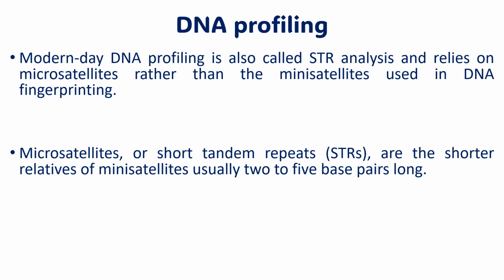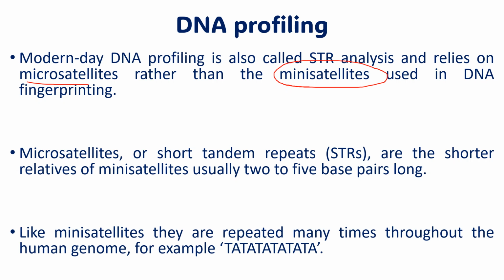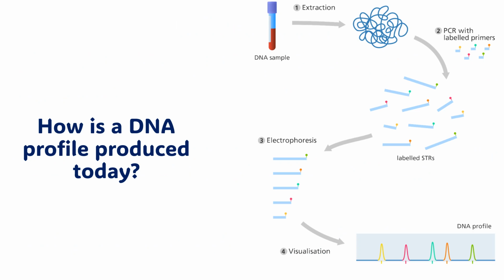So in DNA profiling, we normally use microsatellites, not minisatellites. In DNA fingerprinting, we use minisatellites, whereas in profiling, we use microsatellites. Microsatellites are smaller than minisatellites. Like minisatellites, they are repeated many times throughout the human genome, as the example shows.